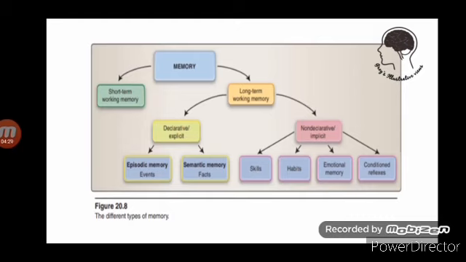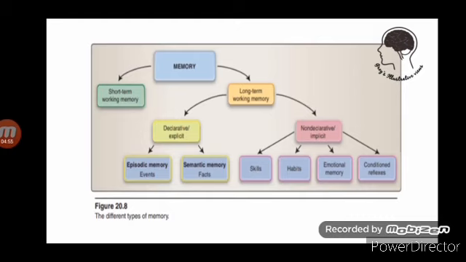The first type is procedural. We will not go into detail because this is not our topic, but procedural memory is encoded by the striatum, which is part of the basal ganglia, the cerebellum, and the motor cortex. Priming is encoded by the neocortex, the cortex which is evolutionarily well developed.